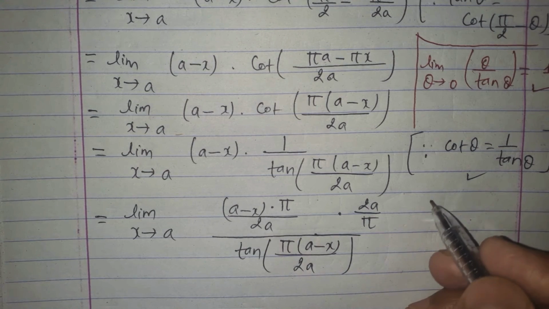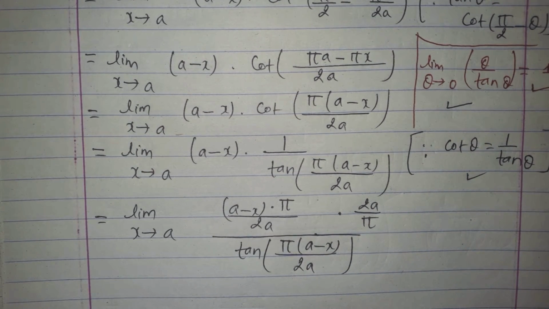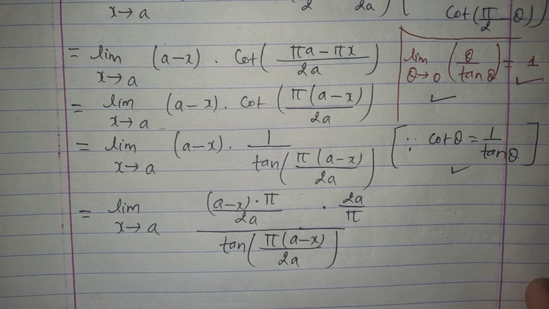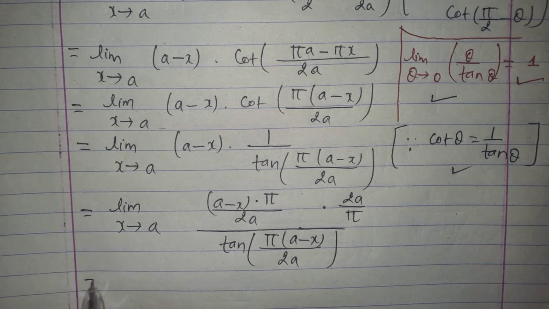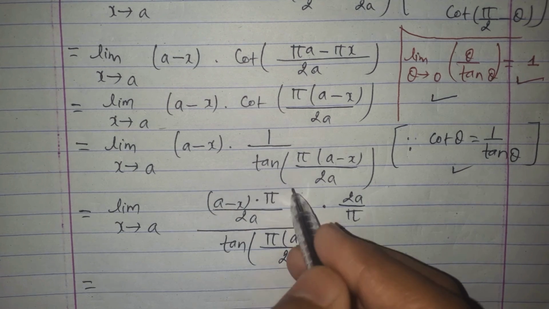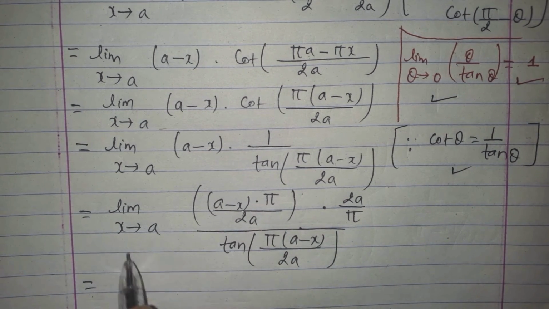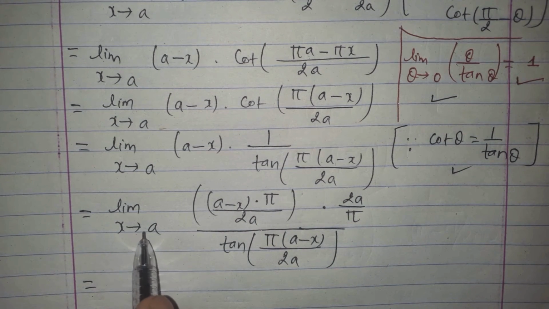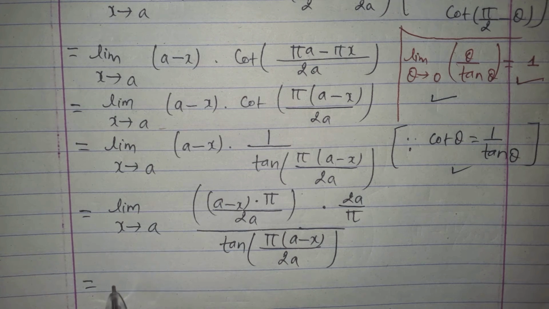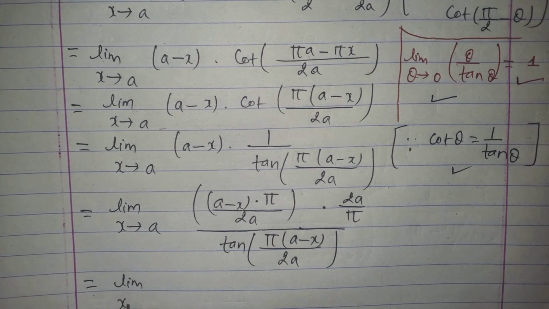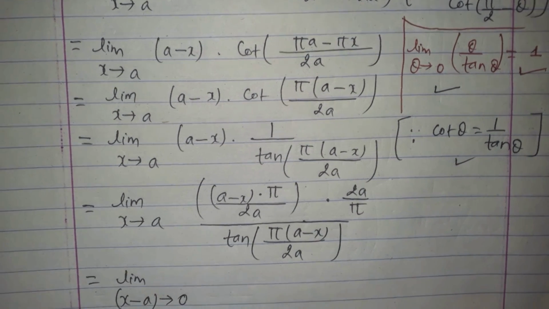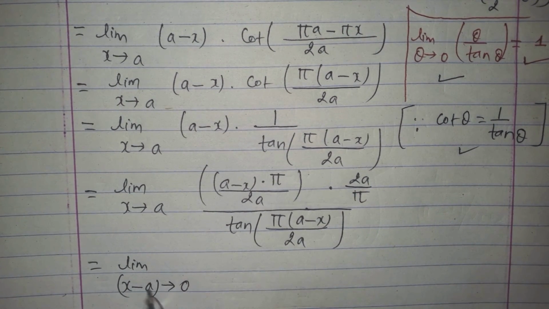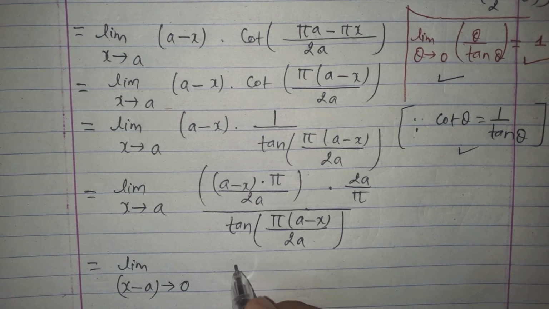I am going to make it in the standard format of the limit of theta over tan theta, and this can be further simplified as, when x approaches to a, this can be written as when x minus a approaches to 0. X tends to a means x minus a tends to 0. They are similar.